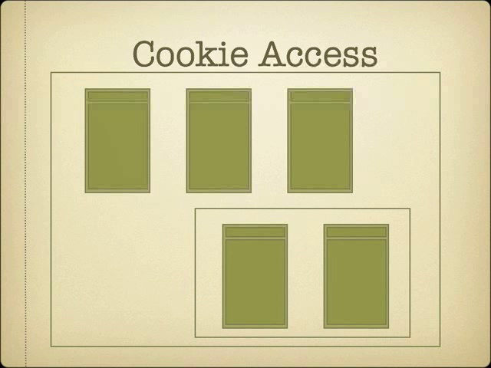So only the page itself, its siblings and its children can access the cookie. It makes sense that the page that wrote the cookie should be able to see it. It also makes sense that the other pages in the same directory should be able to see it, because of course one of the reasons you would want to use cookies is to pass information between pages.